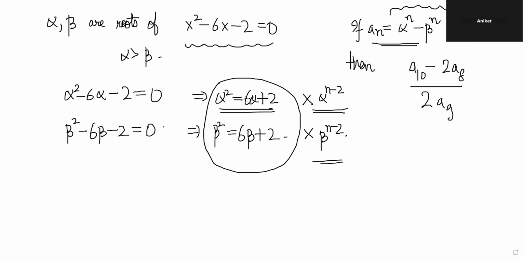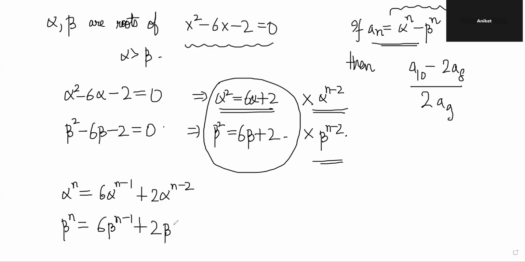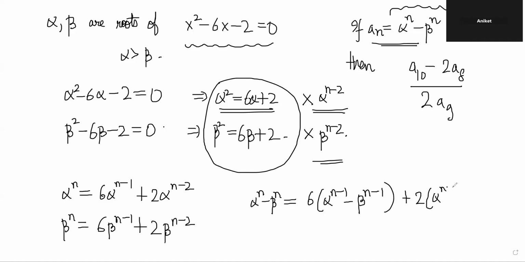So if you do this here, you will get alpha power n is equal to 6 alpha power n minus 1 plus 2 alpha power n minus 2, and beta power n also similarly, plus 2 beta power n minus 2. Now you subtract. You get alpha power n minus beta power n is equal to 6 times alpha power n minus 1 minus beta power n minus 1, plus 2 times alpha power n minus 2 minus beta power n minus 2.